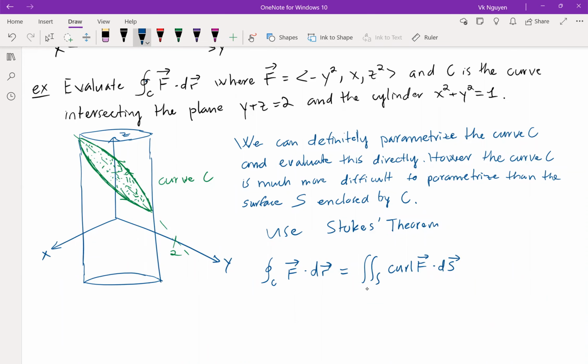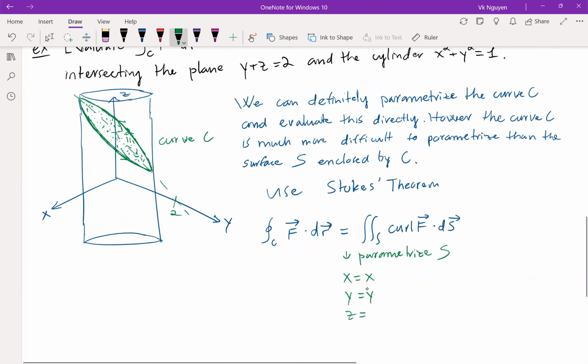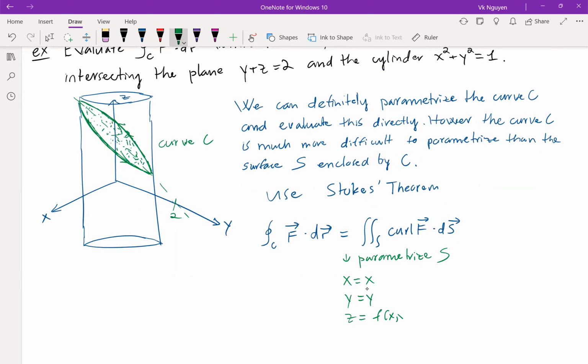This is pretty simple to parameterize. Everybody knows, because we did this before. Hopefully. Right. x equals x, y equals y, z equals f(x,y) equals 2 minus y.